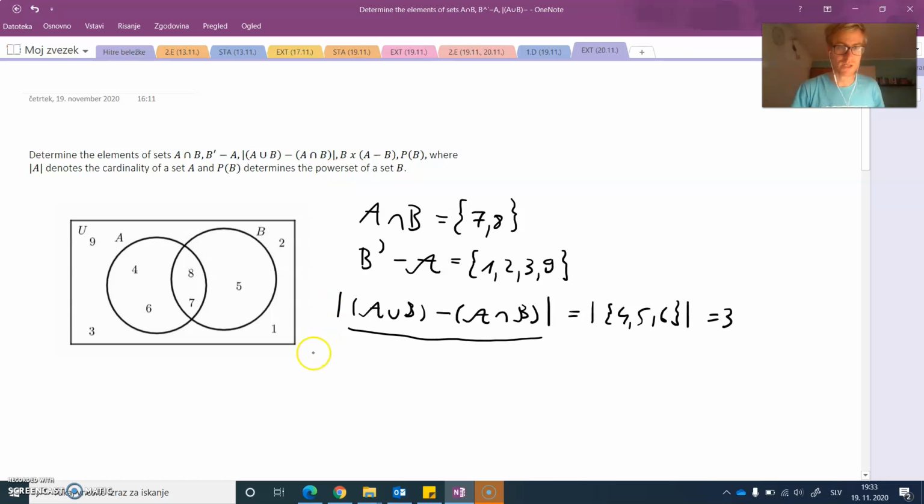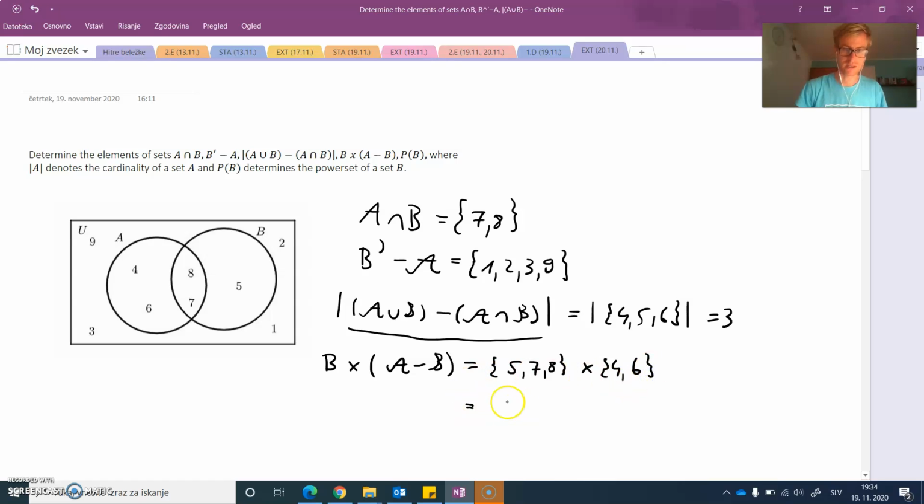Okay, then B times A without B. You see, this is a Cartesian product, meaning the set of all ordered pairs of elements. Well, the first element is from B and the second one from A without B. Maybe if I just write it out, B has elements 5, 7, and 8 times A without B, that would be 4 and 6.